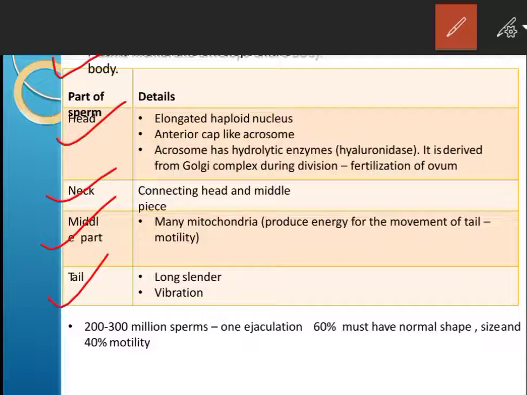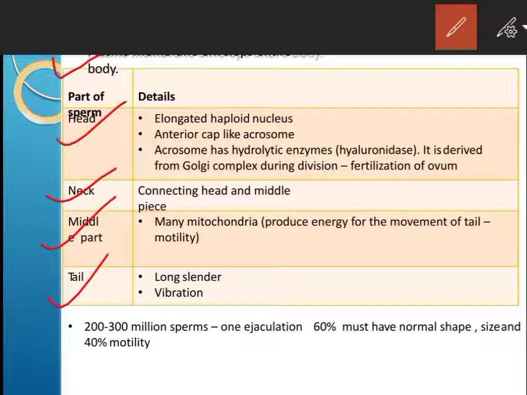First, the head. Head is a flat oval and composed of a large haploid nucleus and a small anterior cap-like structure called acrosome.